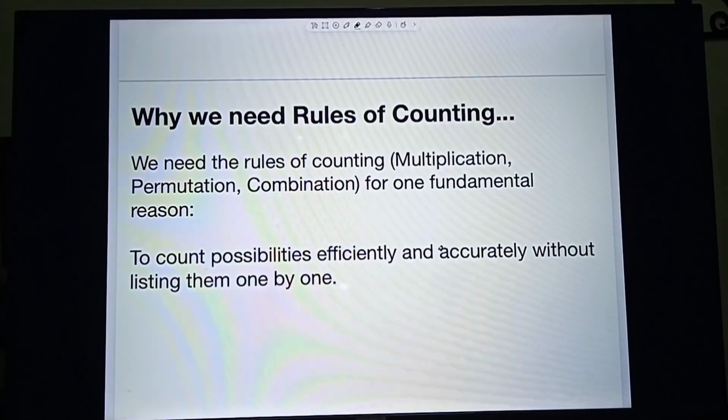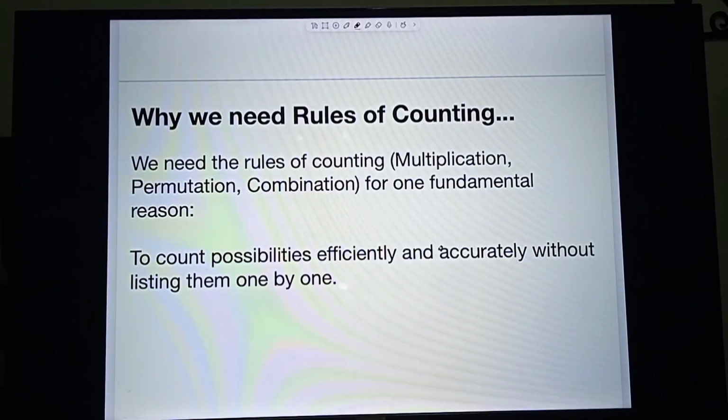Okay, now the question is why we need rules of counting.